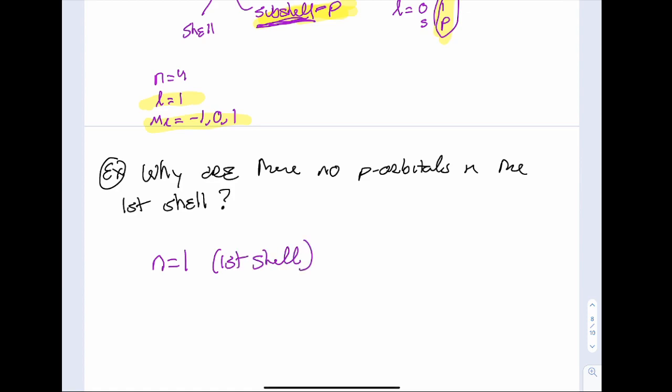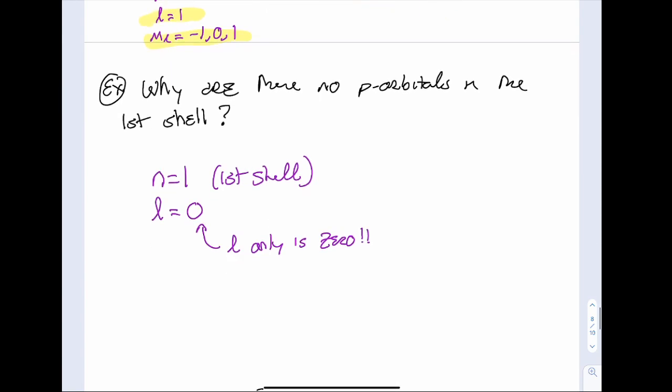If I'm in the first shell, what are my values for l? l is only going to equal 0. Our reason for that is that l goes from 0 to n minus 1, and in this case, n is equal to 1.